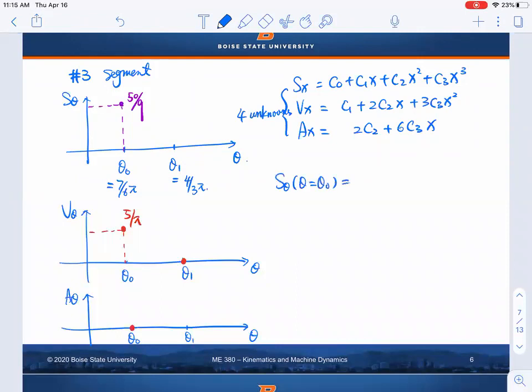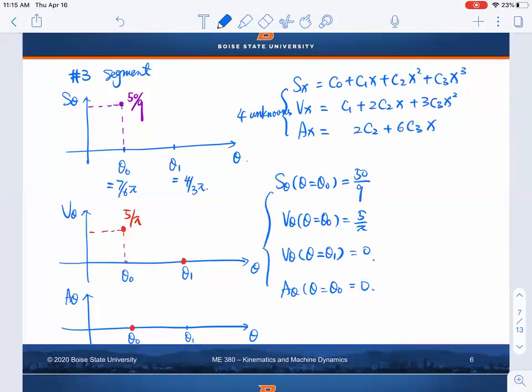S theta at theta naught equals 50/9. V theta at theta naught is 5/pi. V theta at theta 1 is 0. A theta at theta naught is 0. So that's all the boundary conditions you have in the theta domain.